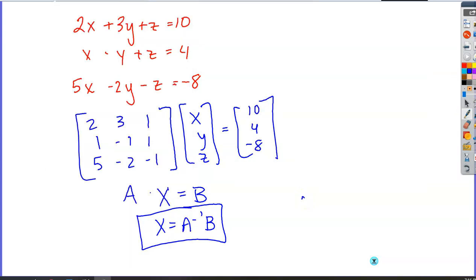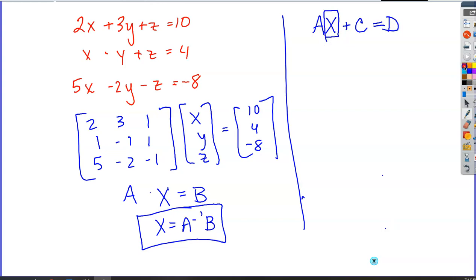Okay. The only time it doesn't end up really being A inverse B is, can you imagine if you had matrix A times X plus C equals D? And these are all matrices. If you wanted to solve this for matrix X, the first thing you would have to do is move this guy over, so you would have to subtract it. And so you would have something that looks like this.